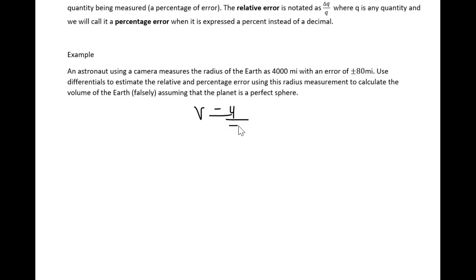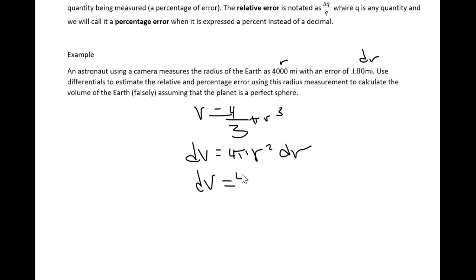So our volume formula for a sphere is 4/3 pi r cubed, and the derivative of this is 4 pi r squared dr. So if we've got our estimated error, this is our dr, and we've got our radius at 4,000, we know that our error is approximately 4 pi 4,000 squared dr, which is plus or minus 80.